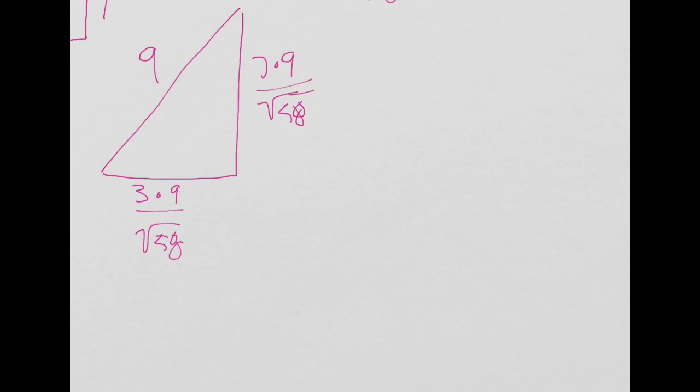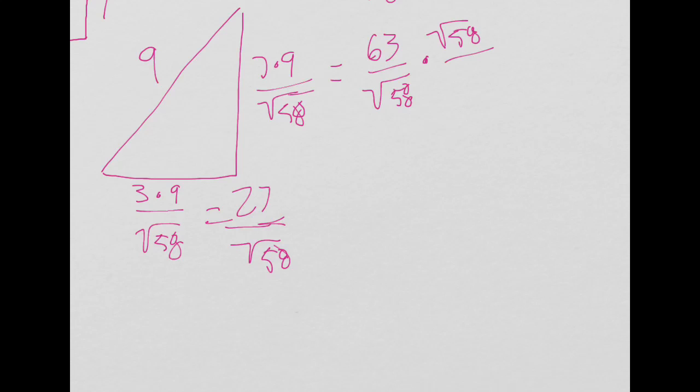Now let's simplify and rationalize these denominators. 7 times 9 is 63 over the square root of 58. 3 times 9 is 27 over the square root of 58. And now let's rationalize these denominators. So multiply by the square root of 58 over the square root of 58.